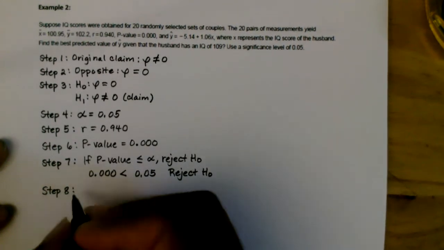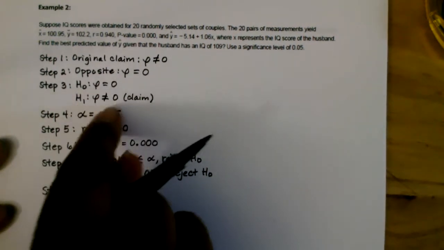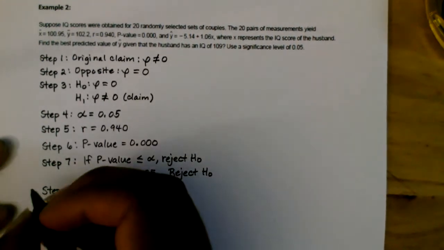And then step number 8 is this. We rejected the null. The claim was the alternative. So that means that there is sufficient evidence to support the claim.